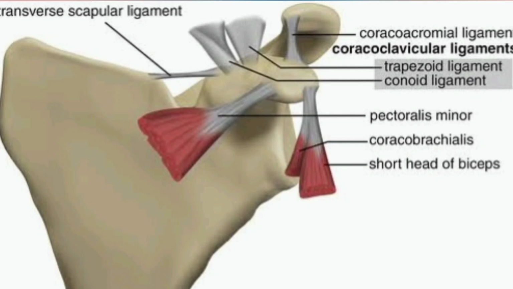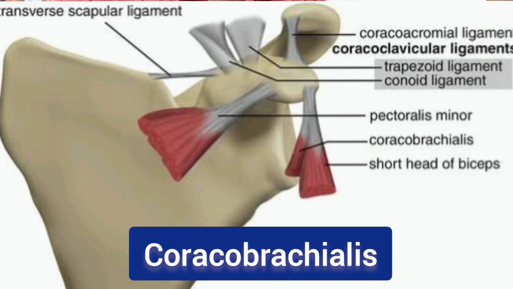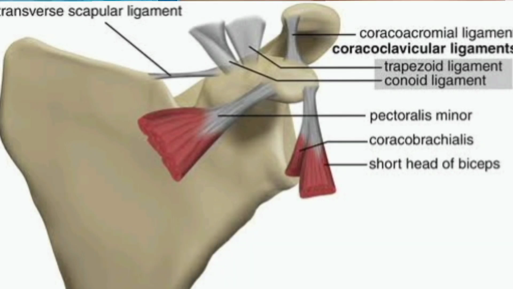You must remember the attachment of these 2 muscles. The one is the short head of biceps from the lateral side, and medially it is the coracobrachialis. And few important ligaments also attached at the coracoid process. Those ligaments are coracoclavicular ligament, then coracoacromial ligament, and suprascapular ligament. Suprascapular ligament, it is attached at the medial margin of the root.